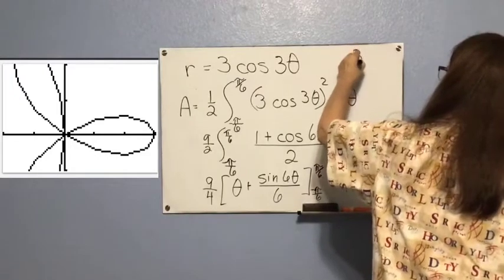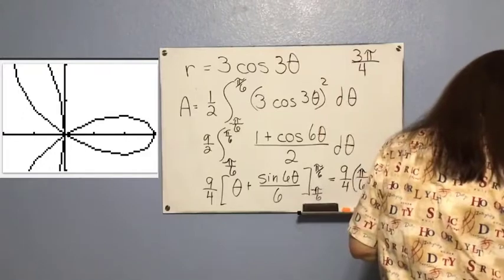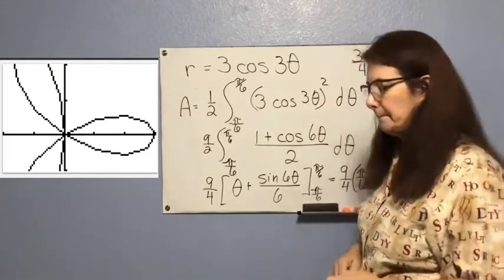And our final answer is 3 pi over 4. So that's the area of just the one petal.